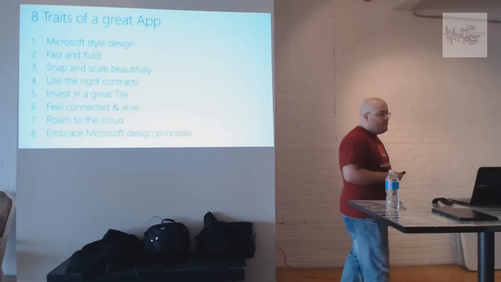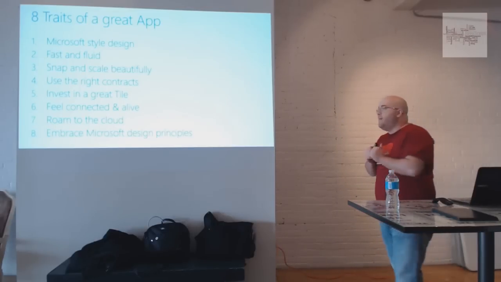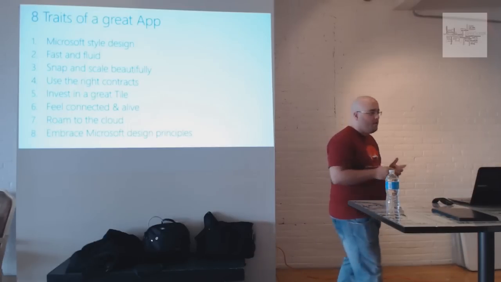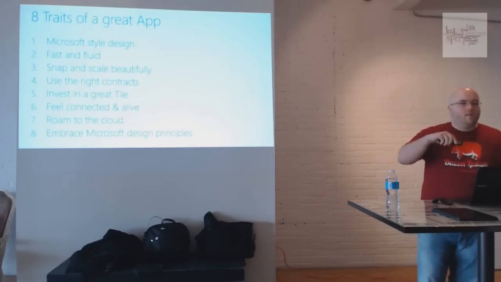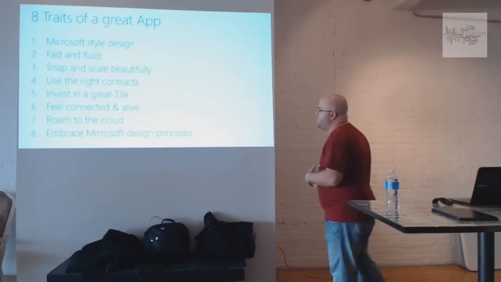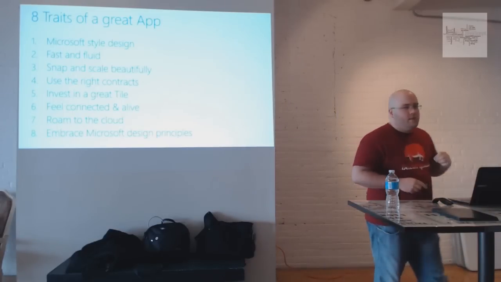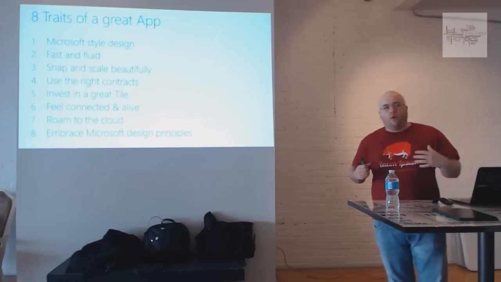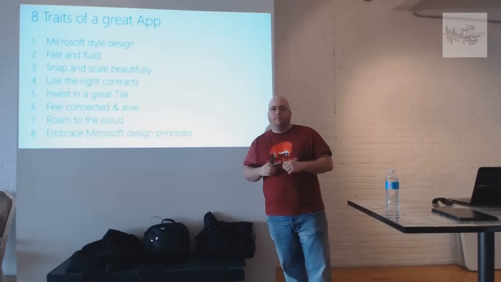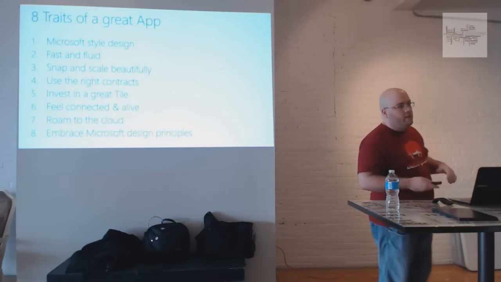This is a really, really cool stuff, and you need to think about it when you're building your application. And last but not least, embrace the Microsoft design principles. So I want to come back on those. Really important, 8 great points about creating a great Windows 8 application. And to be totally honest with you, those are based on what we did when we created Windows 8, but some of them could apply to mainly all platforms. So those are not totally only specific to Windows 8.